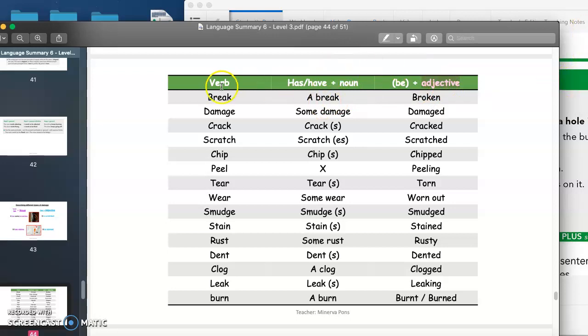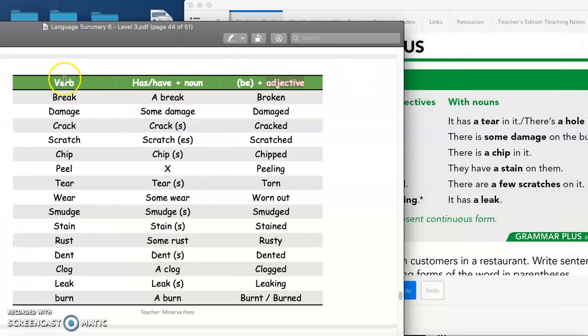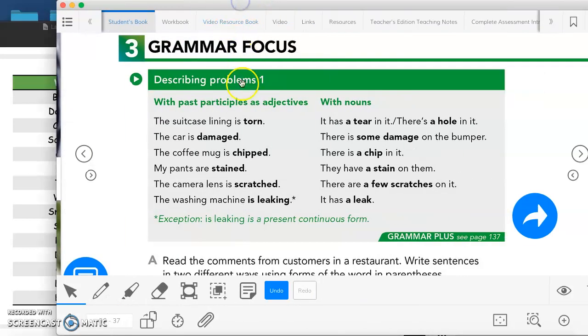So when you are going to use this verb as a noun, it's because you are going to be using has or have, or one of these forms in here. You can say, for example, there is, there are, it has, they have. So we can do sentences like this.